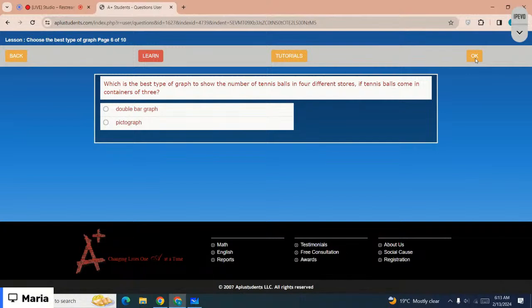The correct option is pictograph. Okay, you can complete the lesson by yourself later today.